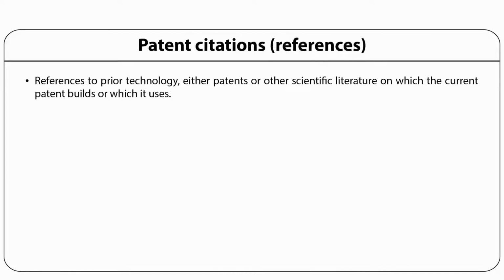Friends, we are examining further details of aspects of the patent documents which are relevant to us. This is what is shown in the patent citations. Patent citations mean references to prior technology, either patents, or citations to scientific literature on which the patent builds or which it uses.